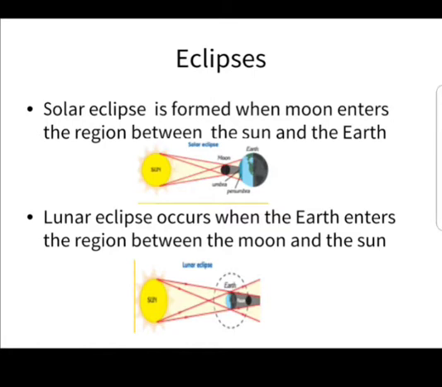We cannot see the sun in this part of the Earth. So we have here a completely dark region that is related with the total eclipse of the sun. And around the total one, we have a partial, that is the partial eclipse. So it is a partial solar eclipse. Lunar eclipse occurs when the Earth enters the region between the Sun and the Moon, that is here.